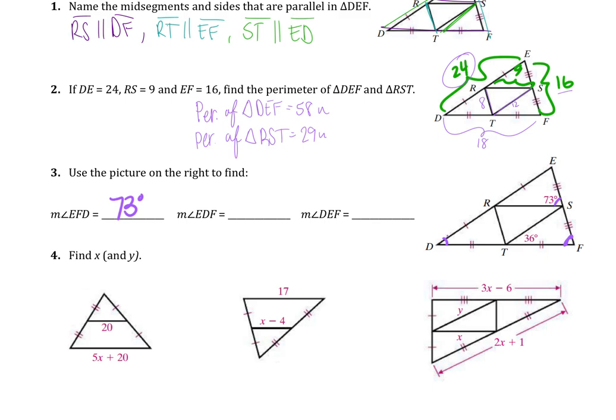EDF, so this one will equal that one, or this one, which is 36 degrees. And then DEF, now that we have a triangle, we can do the triangle angle sum theorem. Add it together, subtract from 180, so we get 71 degrees.